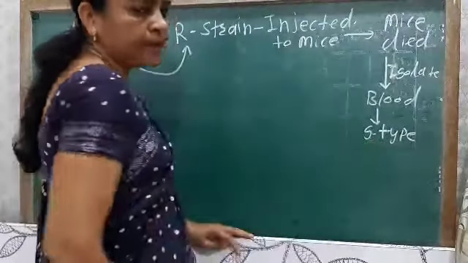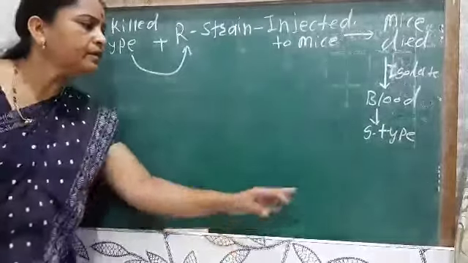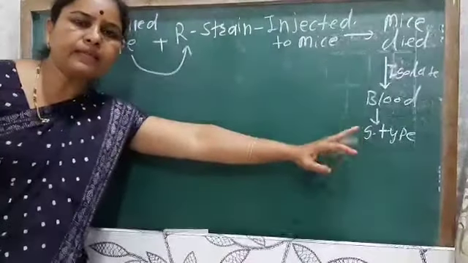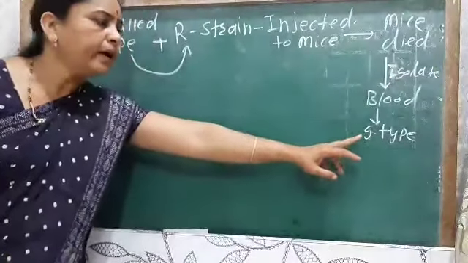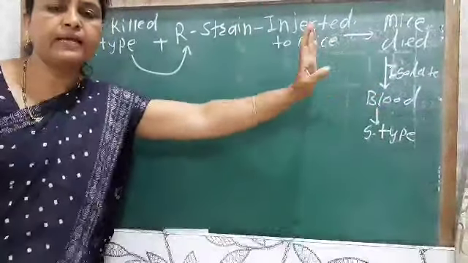This S type is pathogenic, and due to this the mice dies.